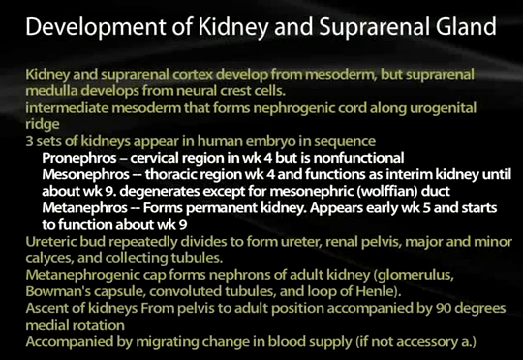And then we're going to have the ascent of the kidneys as they get dragged up and start to rotate 90 degrees so that their hilum ends up in the medial position. And of course we've already seen the accessory blood vessels that will persist if they don't continue to migrate and change as the kidney ascends.